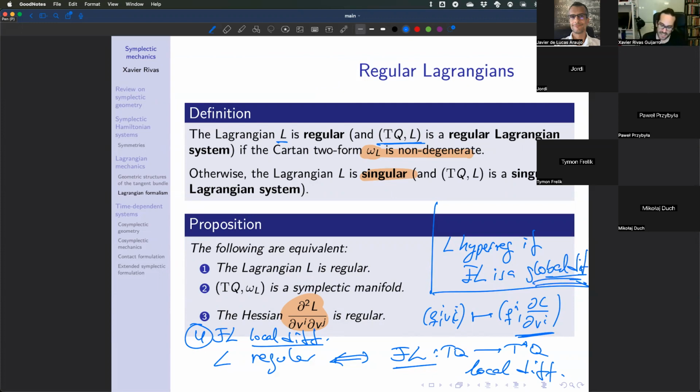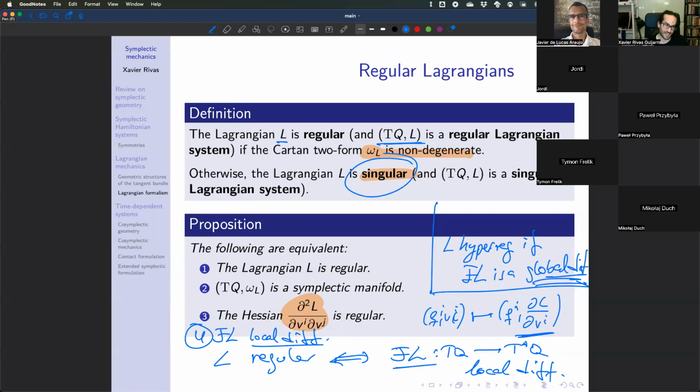And in the case of hyperregular Lagrangians, of course, we have a perfect correspondence between Hamiltonian and Lagrangian mechanics. Everything fits. In the case of regular Lagrangians, everything fits locally. And in the case of singular Lagrangians, many crazy things happen. I will not enter into the details of the singular case in this talk, as I've said many times.